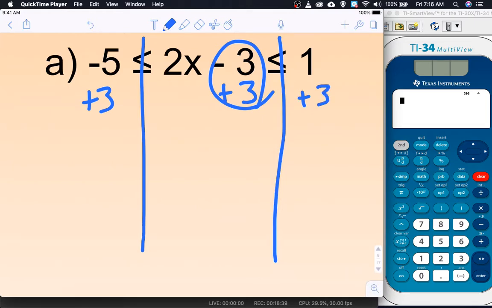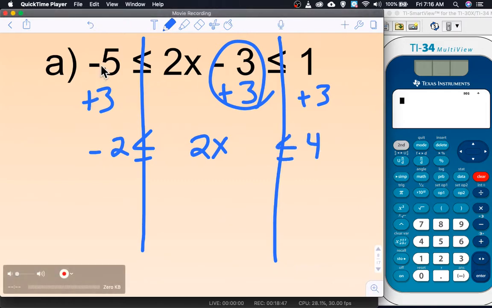Okay, let's do that. So you got -2, 2x, and 4. So -5 plus 3 is -2, 1 plus 3 is 4, and when I added 3 here, this piece canceled out. Okay, to get this x by itself, we're going to divide by 2.